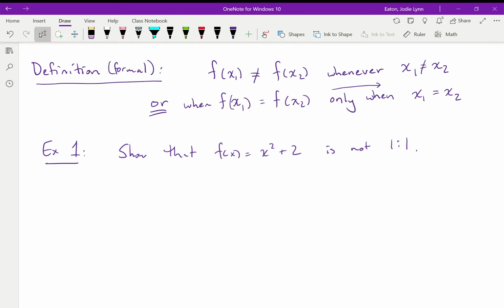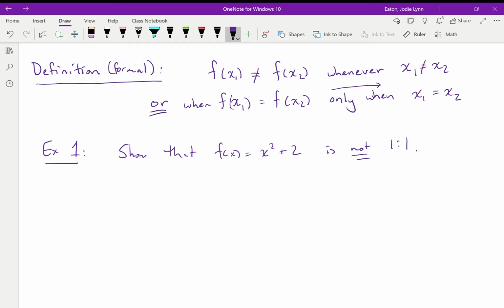So when we're showing that something is true, we need to prove that it's true for all values. So if we're going to show that something is a one-to-one function, we need to actually go through and take f of x1 and f of x2 and show that x1 has to equal x2.